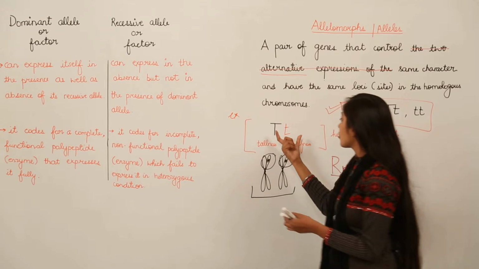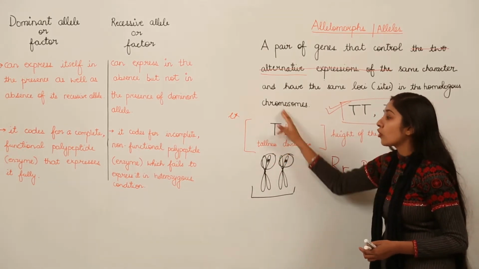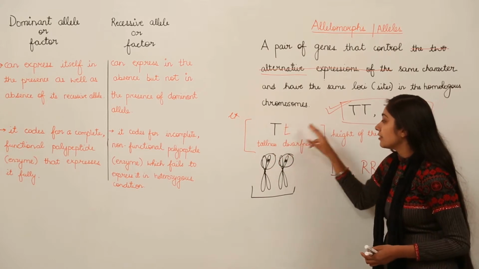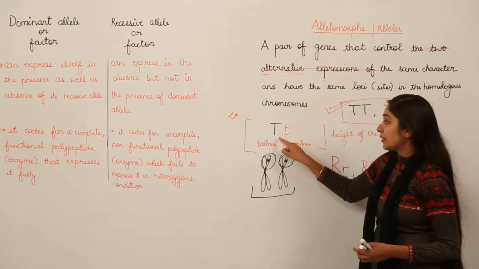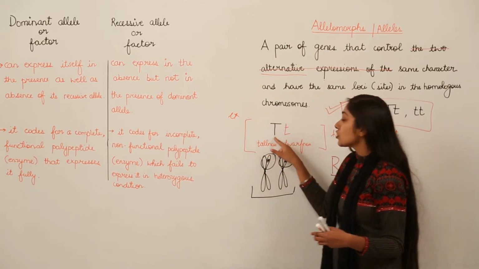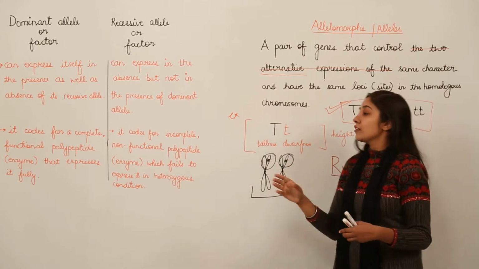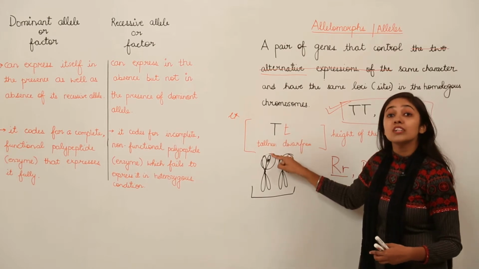For example, we have talked about this dominant allele that is for tallness, and this recessive allele that is for dwarfness. When the dominant allele is present, the phenotype, whatever you observe from the outer appearance, will be dominated by the dominant allele. So the plant is going to appear taller.